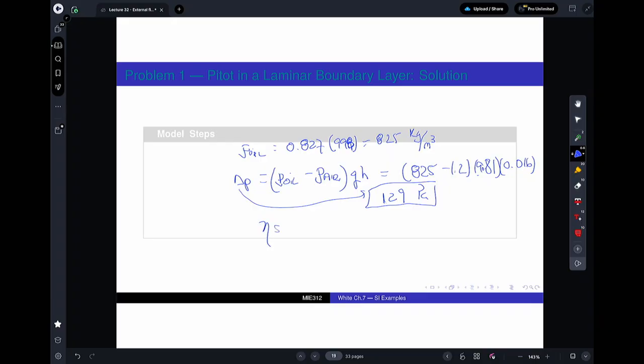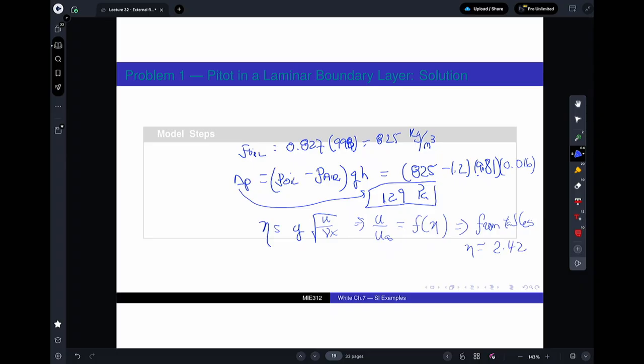The Blasius solution: u over U infinity is a function of eta, which is your height over the square root of nu x. And from the tables, eta equals 2.42.